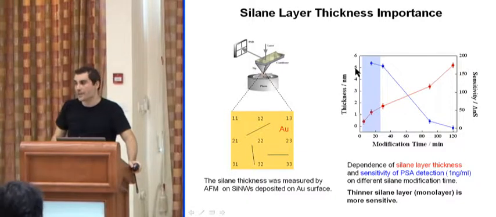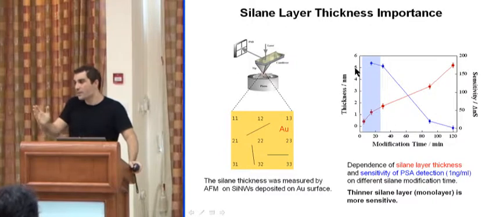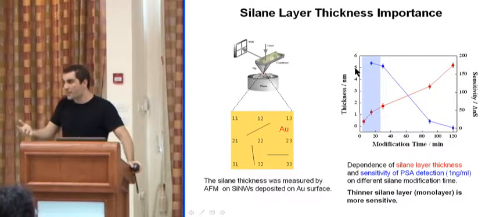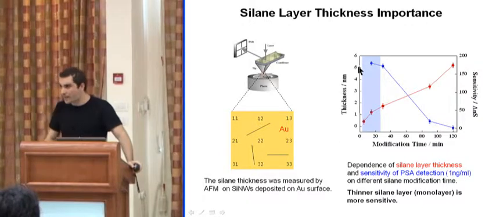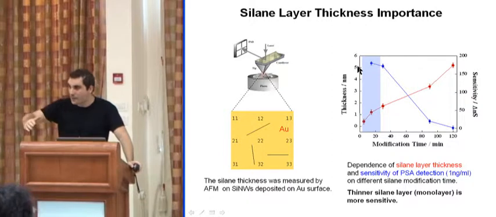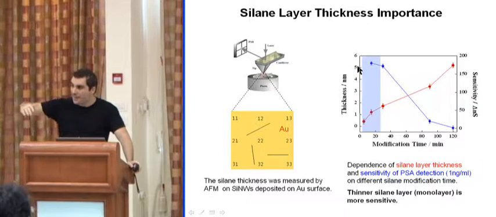Approximately half a nanometer, a little less. Those molecules are not rigid, so the AFM measurement won't give you a real value. But it gives you an approximate value, that the reaction is going on, and you get a thicker and thicker film with time.